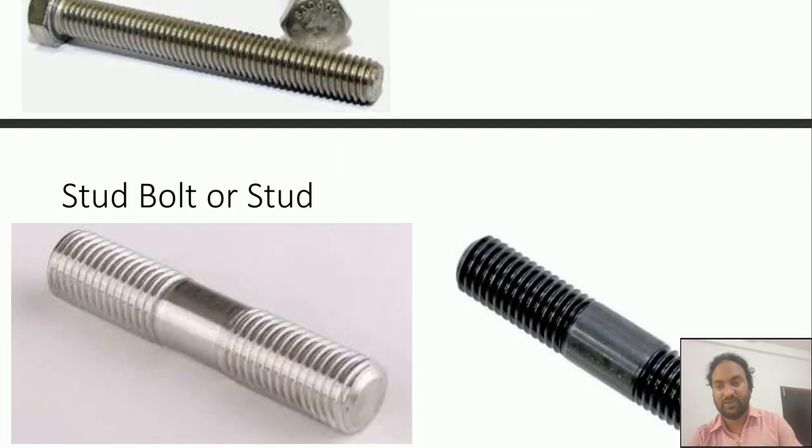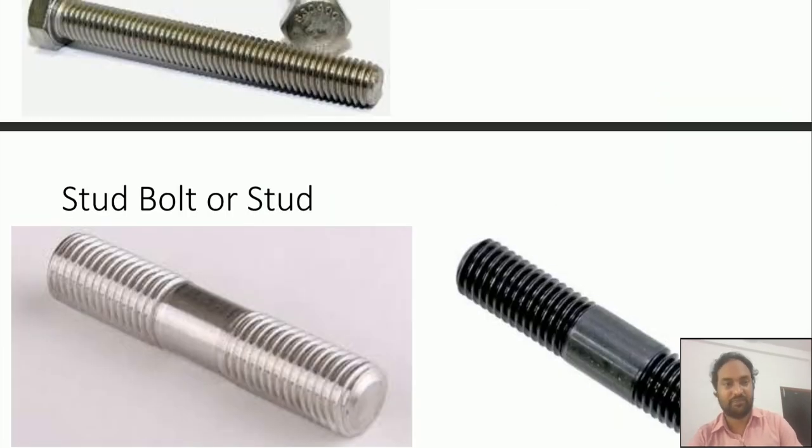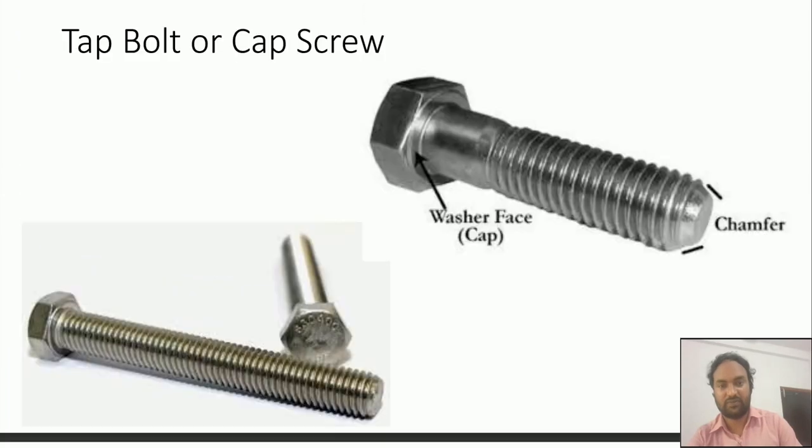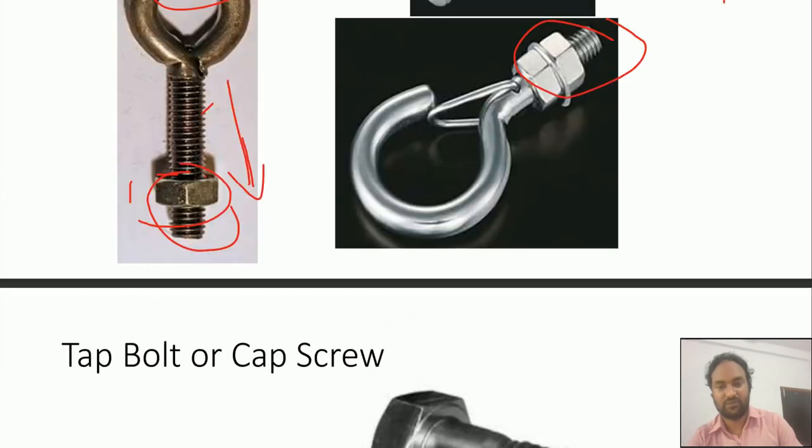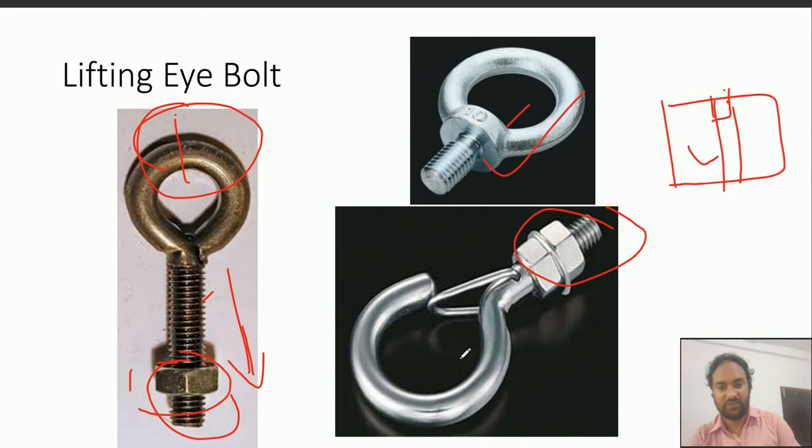And especially you see the hook shape. This hook shape can be used to quickly open it. We can insert any lifting mechanism here, and then we can lift it.